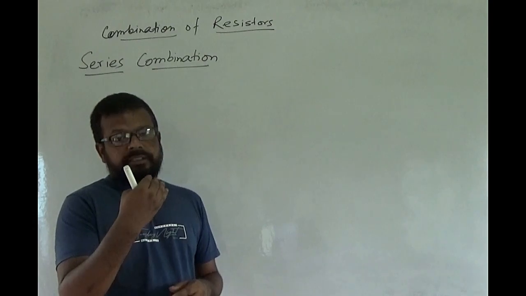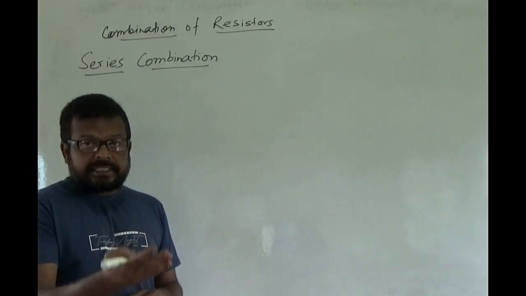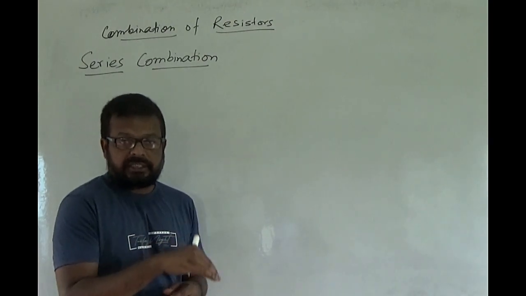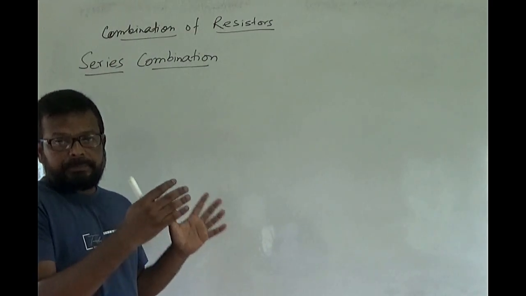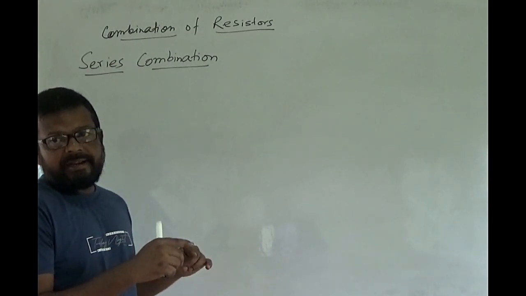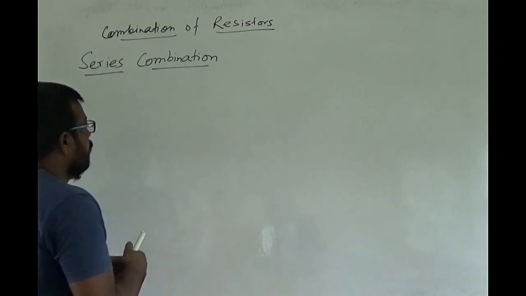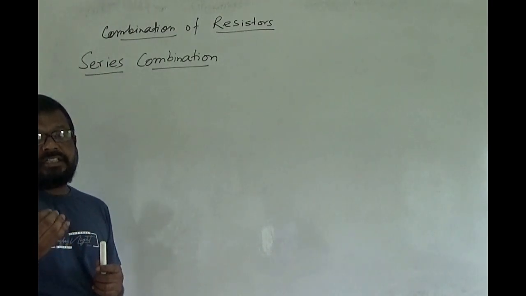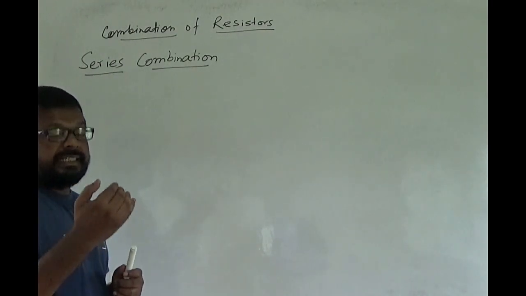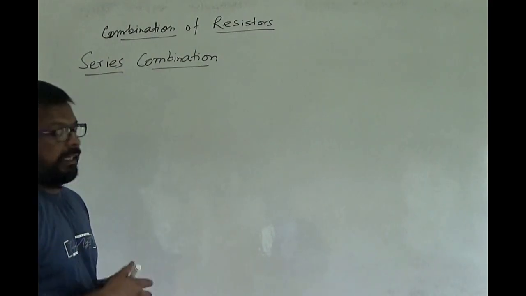The second terminal of the second resistor is connected to the first terminal of the third resistor, and in this way each resistor carries the same current.